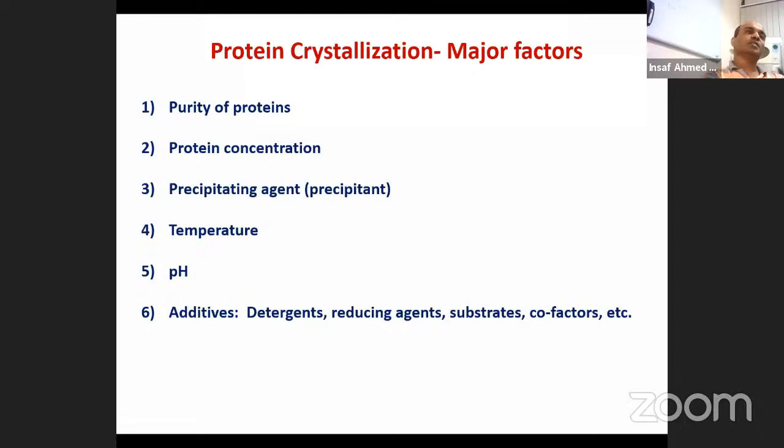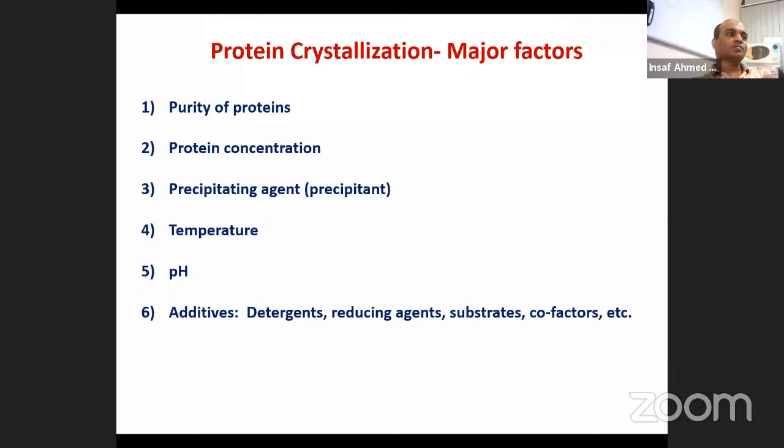You should use a buffer plus or minus 1 of the pI of your protein, because at the pI your protein has zero charge. So now you have a buffer either plus or minus. Now you say again confusion has come, why plus or minus? Plus or minus actually varies according to the protein.